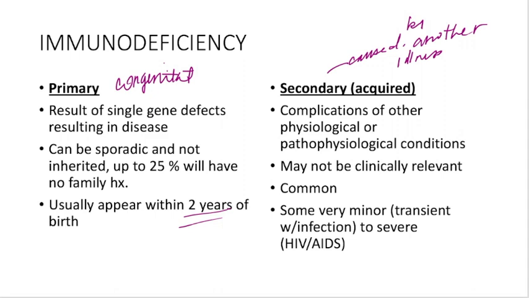Can be very common, and some are very minor or severe, which would be HIV or AIDS. The hallmark of these disease processes is the tendency to develop unusual and frequent infections. So these are going to be these atypical frequent infections where everybody else in the family is healthy, but the child may present with some weird infections.